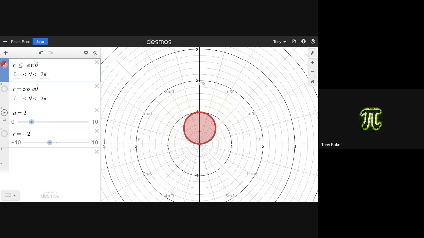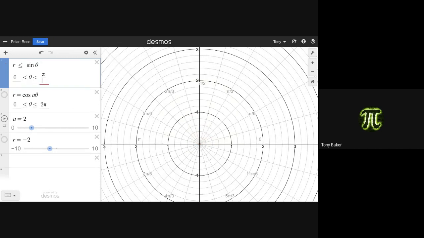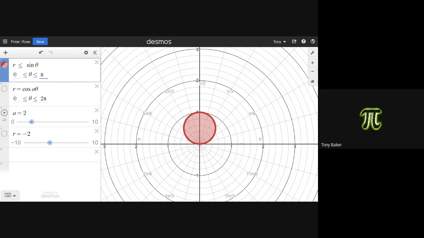Yeah, so if I had that, see how sine of 0 to pi is still a circle? Pi over 2 gives me half a circle. Pi gives me the full circle. So when I did the negative values, the angle is the exact same thing. It's just going backwards around it. So that's why it doesn't change.